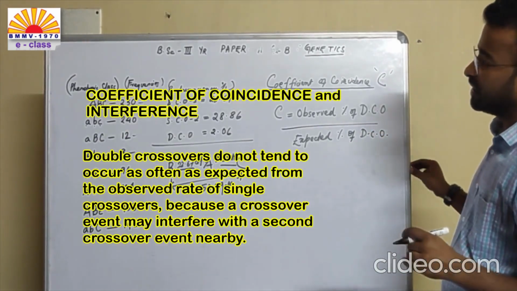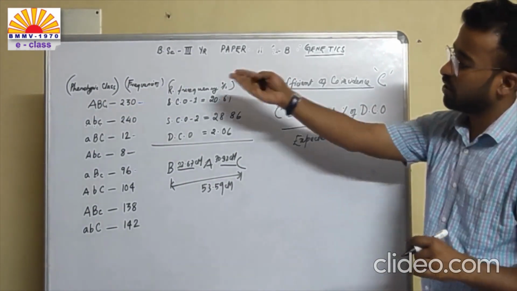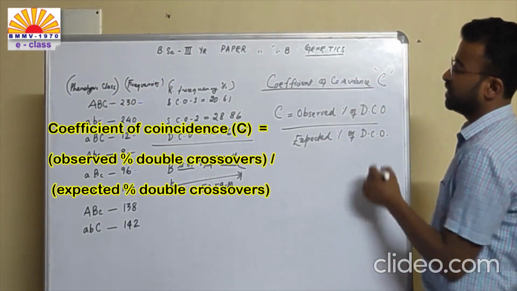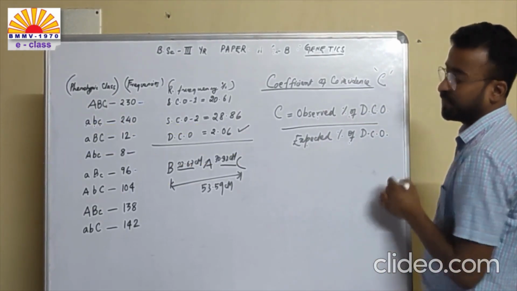We know the observed double crossover because we got the frequency table. 2.06 is the observed percentage of DCO, but we do not know the expected DCO.